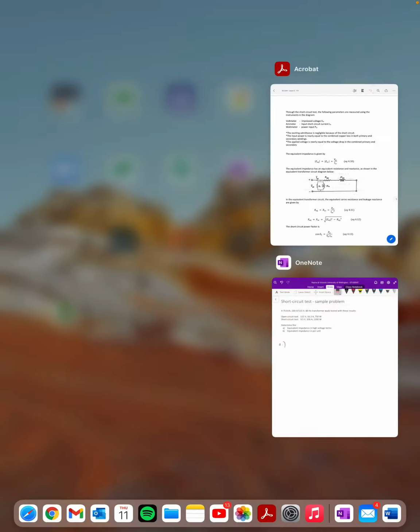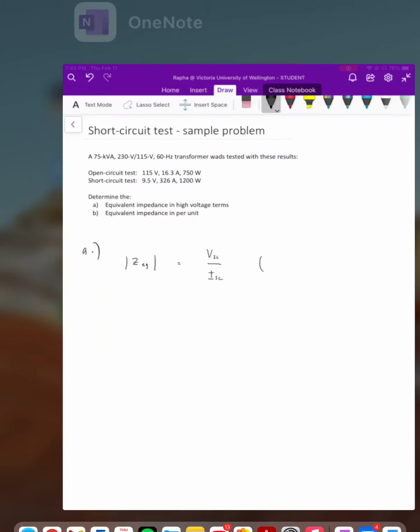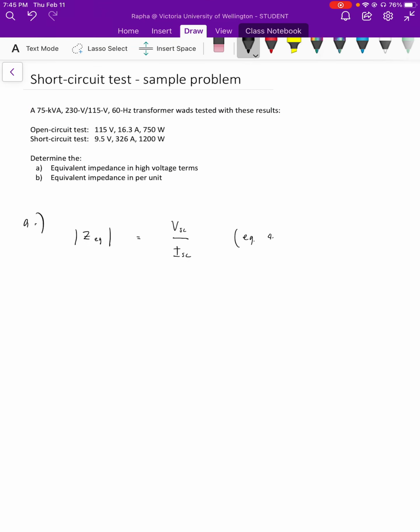So ZEQ is equal to VSC over ISC, or unsa na siya equation 4.10, then that's equal to 9.5 volts sa short circuit test ni divided by 326 amperes.